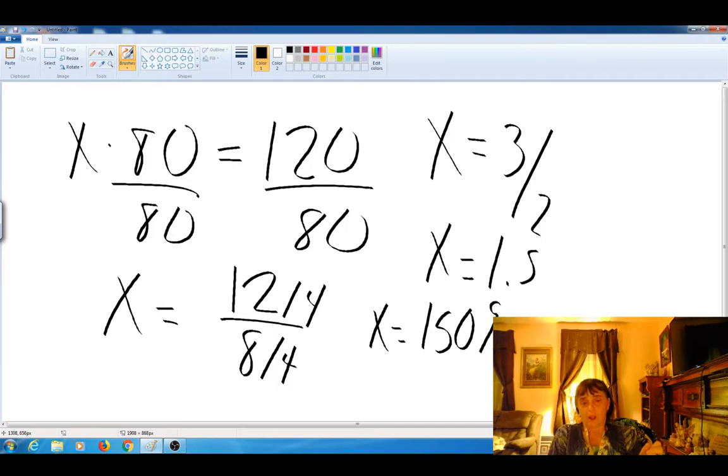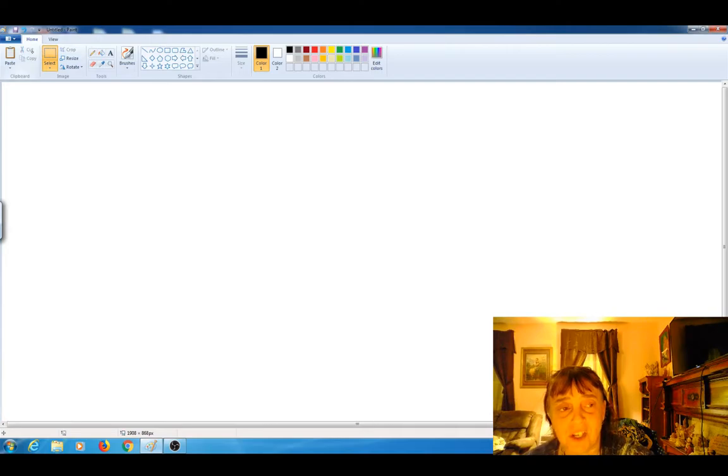So what percent of 80 is 120? It's 150%. So I said before, it's going to be over 100%. So you really should think about your answers when you deal with any math problem. Now a percent, they're asking for what part of the number is that number.